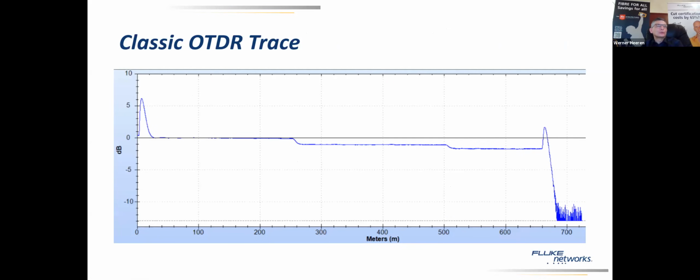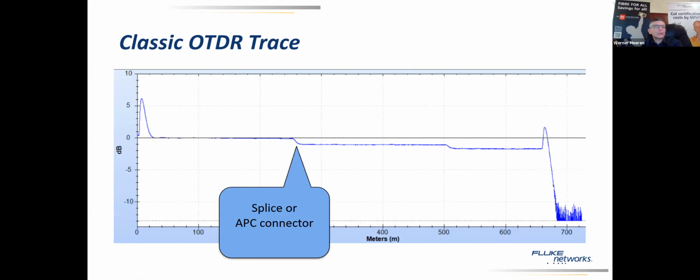This is a classic OTDR trace. Here you have a loss, but it could be from a splice or from an APC connector. Remember from the beginning what we showed you: this 8 degree angle gives a smaller loss than a UPC connector.